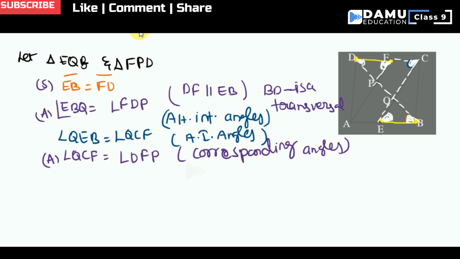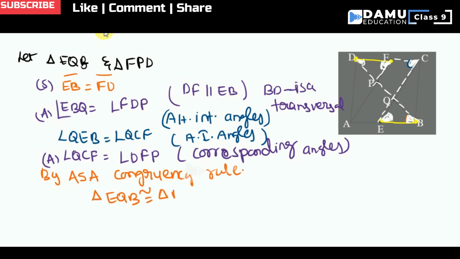This is one side. By what condition? By ASA congruency criterion. So triangle EQP is congruent to triangle FPD.